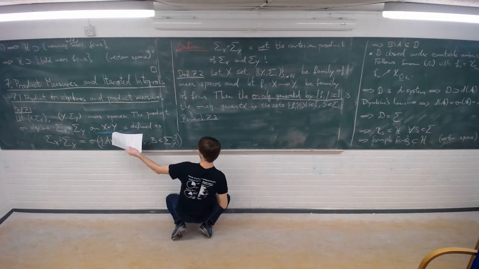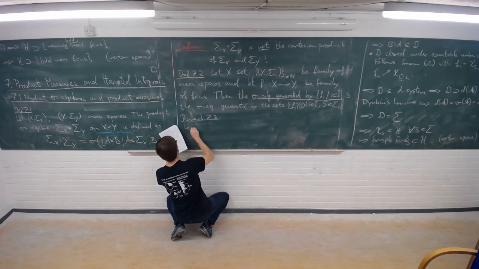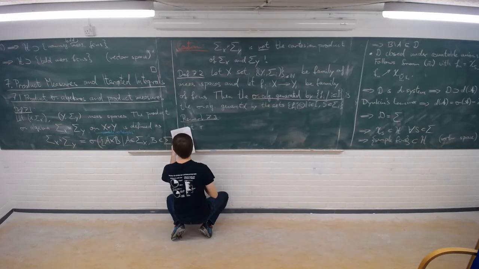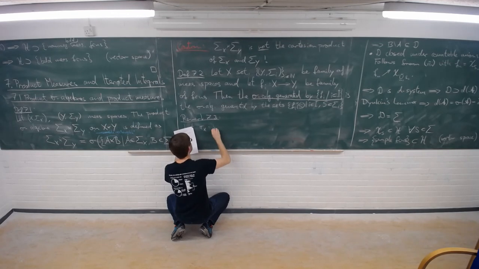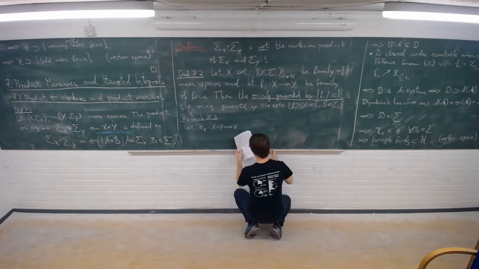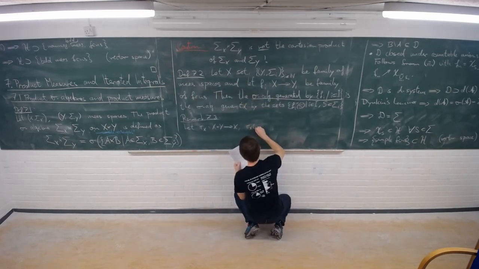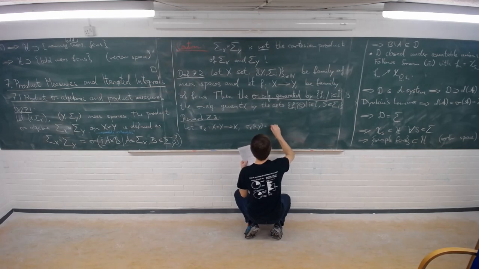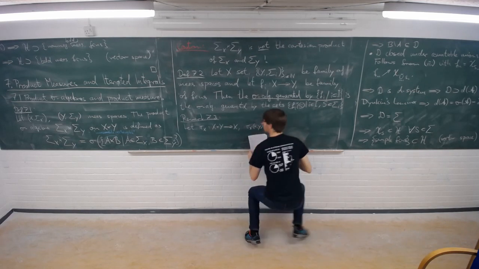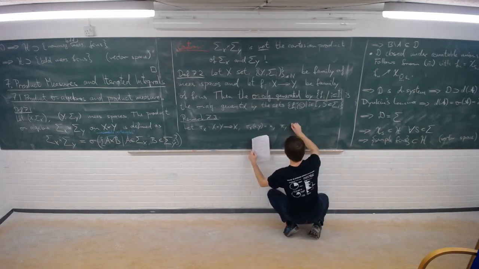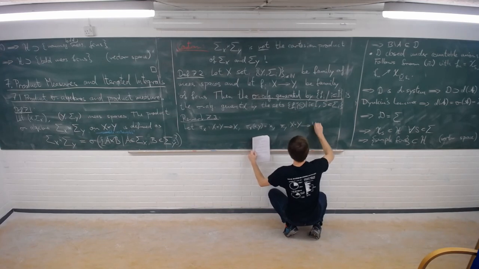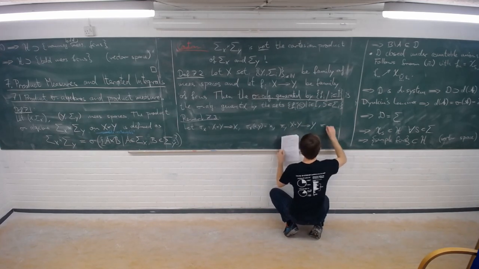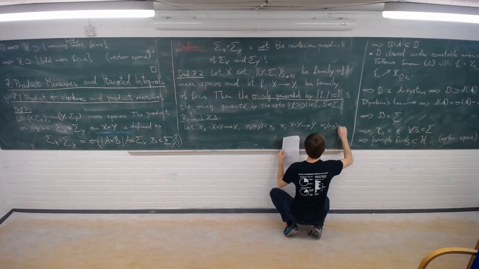And then there's one remark that gives a connection between these two definitions. If we have two sets, X and Y, and we denote by π_X the projection onto the first variable, so π_X of (x, y) is just equal to x, and we do the same for Y, so π_Y goes from X times Y to Y, and π_Y of (x, y) is equal to y.